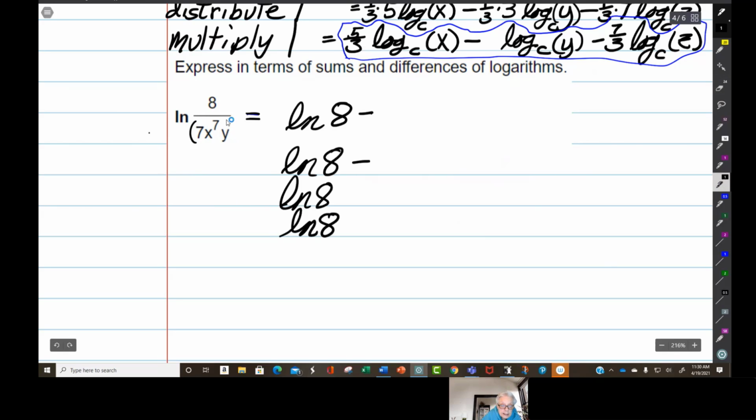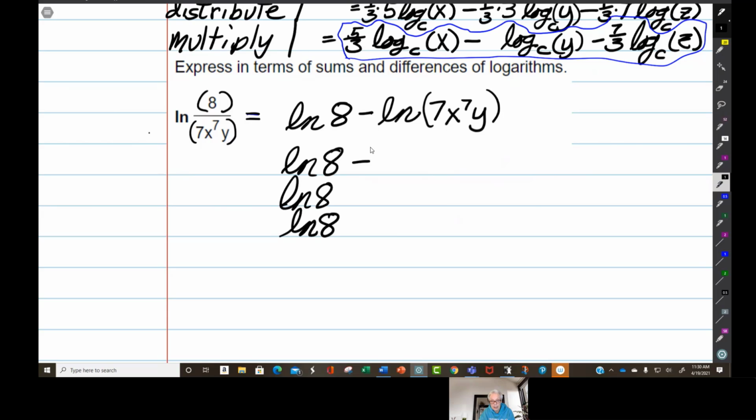This is the denominator. And this is the numerator. The ln of 8 minus the ln of 7 times x to the 7th times y.